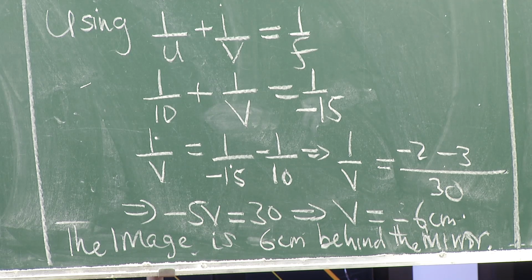And we saw the properties of this image: the image is upright, it is virtual, it is diminished, and it is formed between the focal point and the pole of that mirror.